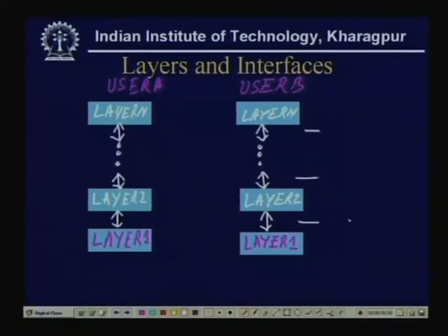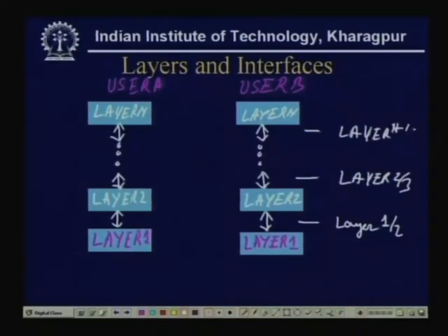So this is the interface boundary between layer 1 and 2, the interface boundary between layer 2 and 3, and here is the interface boundary between layer n minus 1 and n.